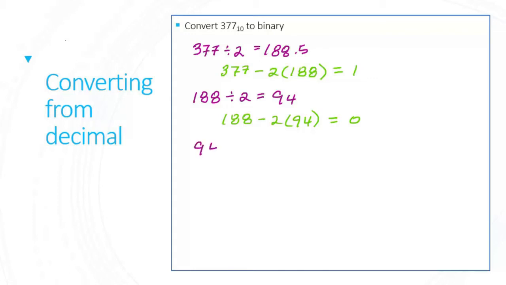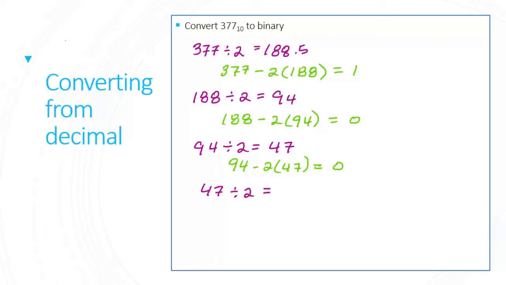Now we're left with 94. From 94, we can remove 47 groups of 2, and we again have no remainder. We're left with 47.